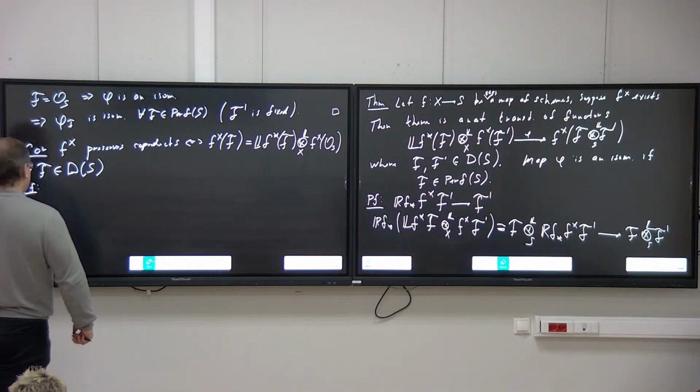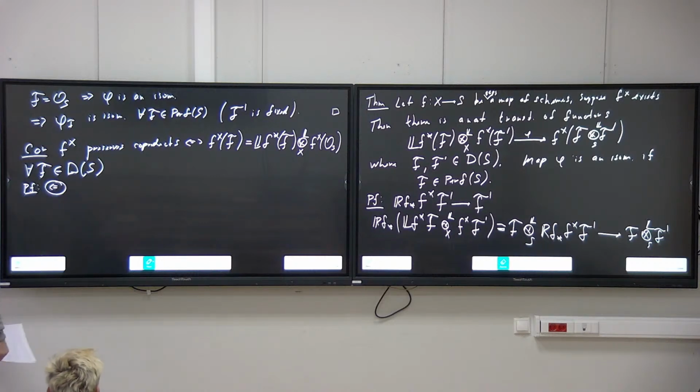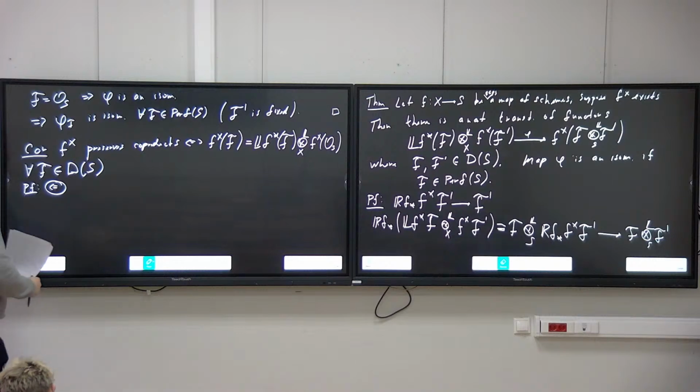Okay, let's see. In one direction, if I have this formula, then clearly this preserves coproducts, because the functor f with a star preserves coproducts, and the tensor product preserves coproducts.